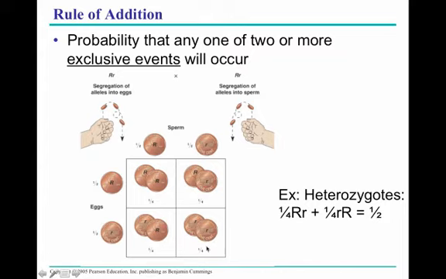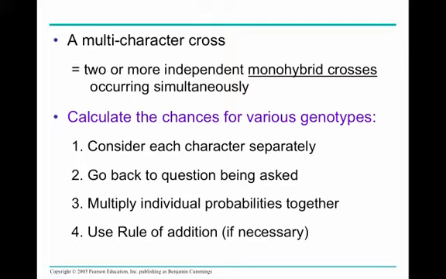So you've already really used that mathematical magic of the rule of multiplication and the rule of addition. Now with this multi-hybrid or multi-character cross, you're going to want to take a look at the assignment for this week, because in the assignment this particular example is outlined. So for the chapter on meiosis, this particular series of questions and this example is shown there.